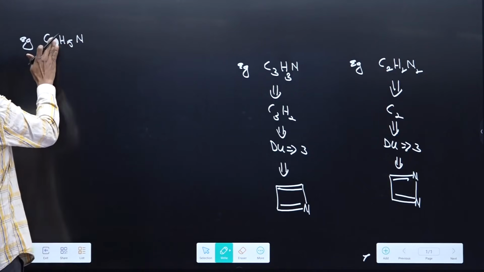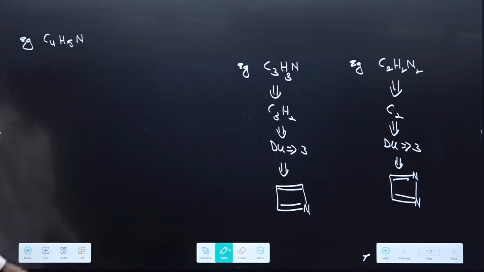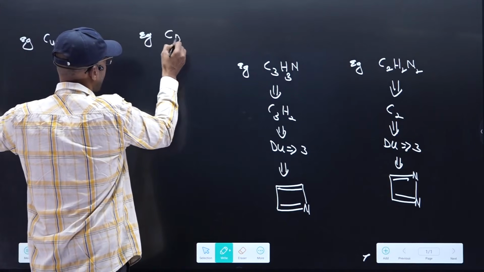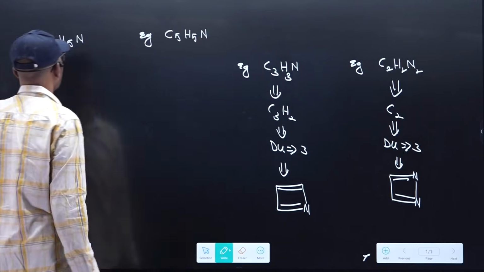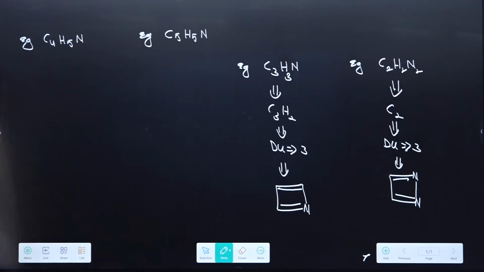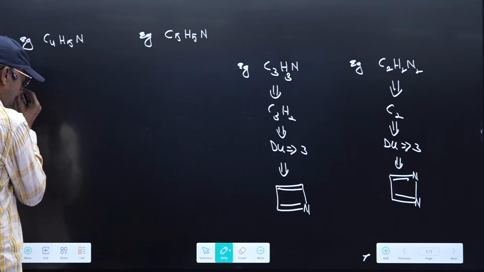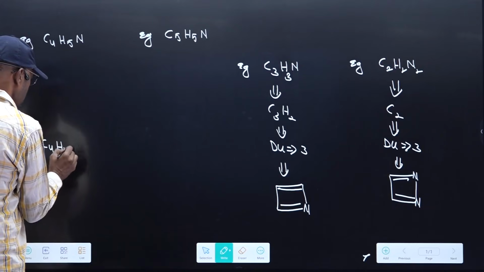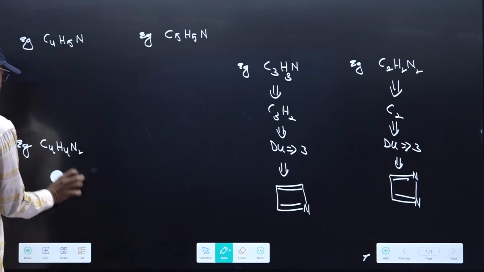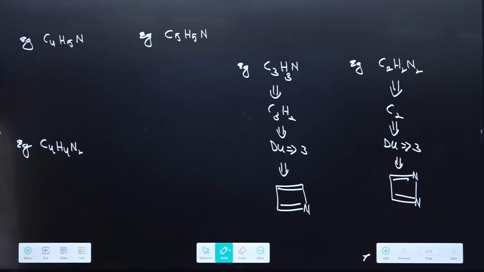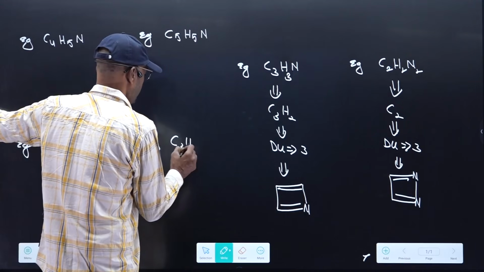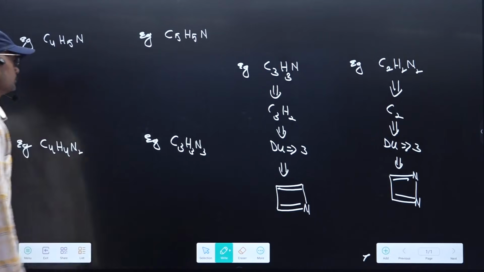C4H5N. C5H5N. Just calculate DU of these examples and create one structure. C3H3N3.